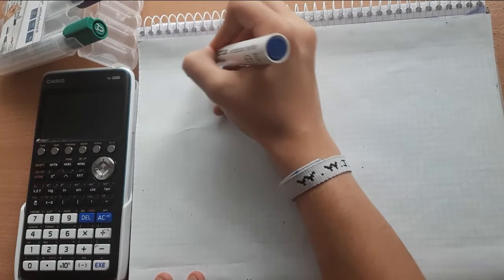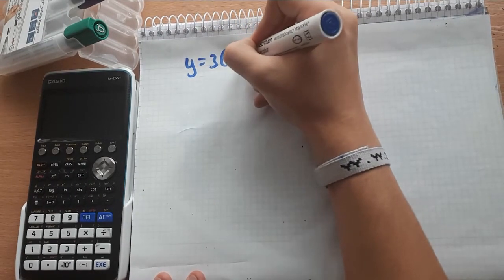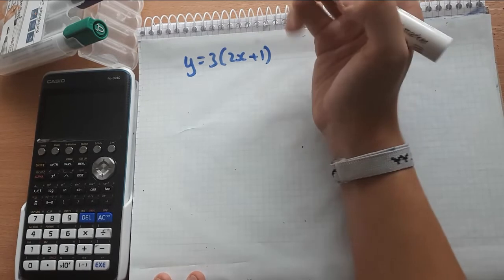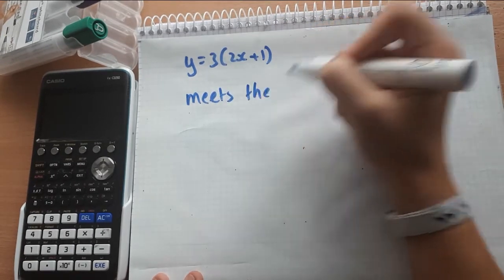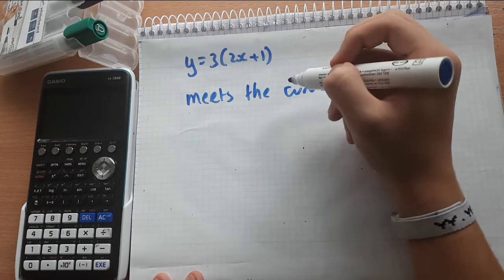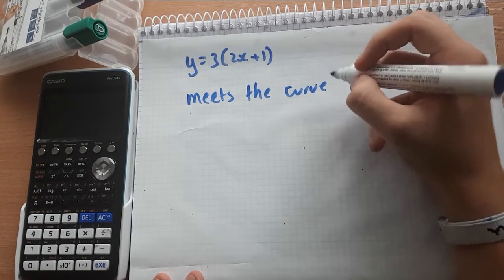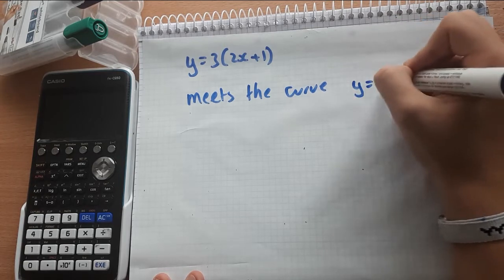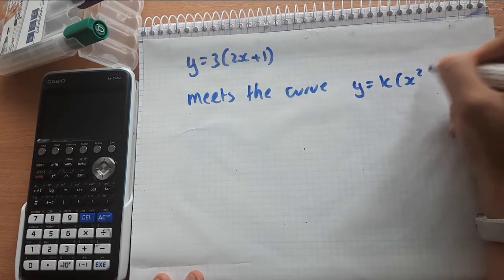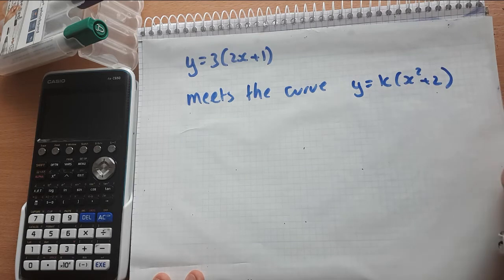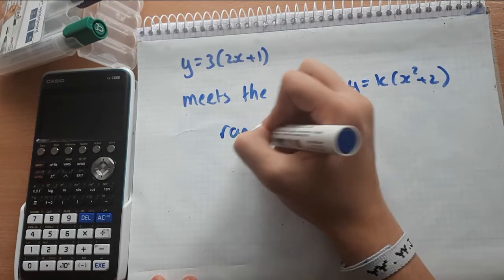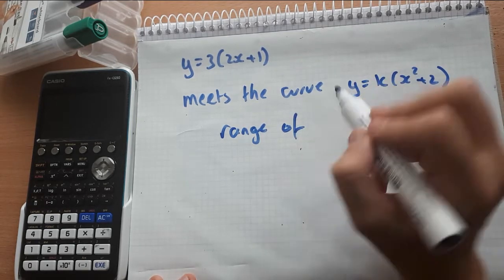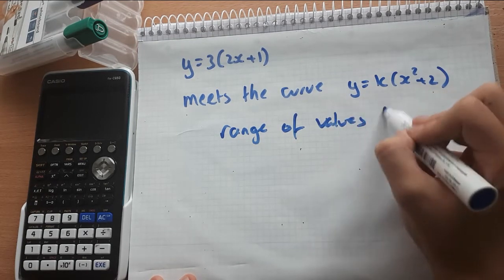So, straight line, we have y equals 6x plus 3, which meets the curve y equals kx squared plus 2k. Now this should start to ring bells. By using the discriminant, determine the range of values for k.